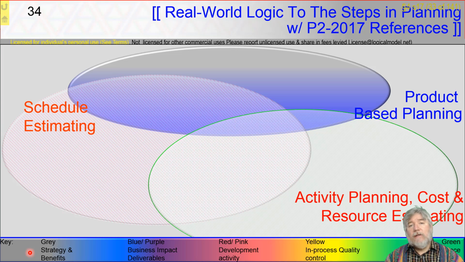What we need to consider when we're in a projects environment is that we start with a consideration of what's the business pressure or business opportunity. So that's about strategy or tactics to respond to the marketplace, and I'm going to represent strategy, benefits, business thinking in grey.